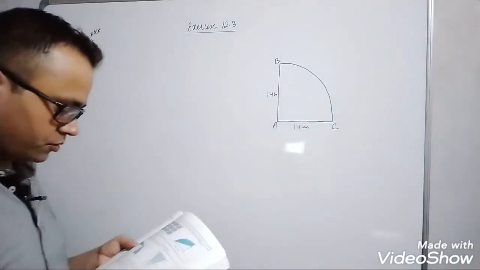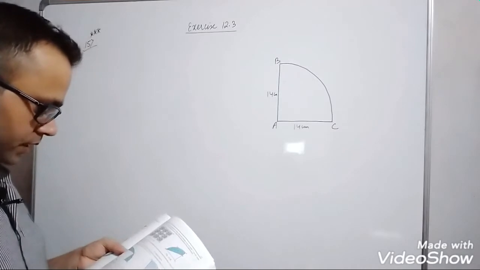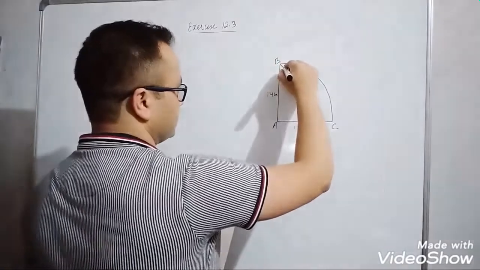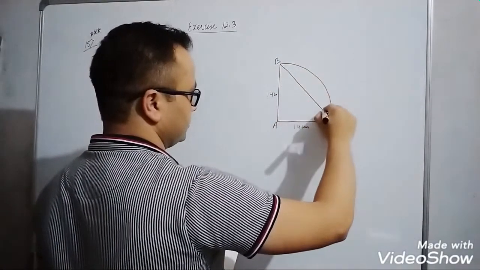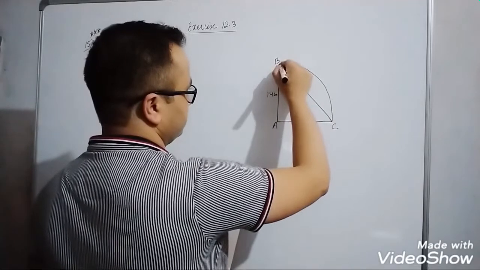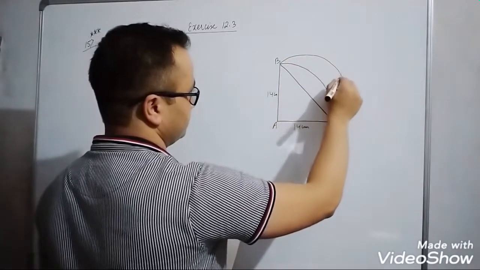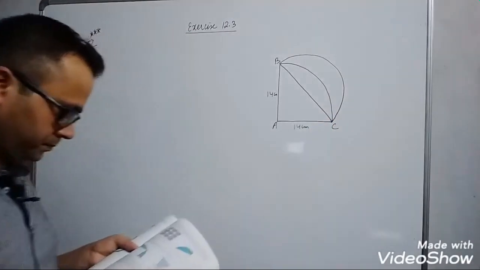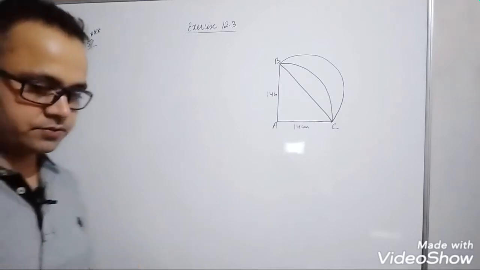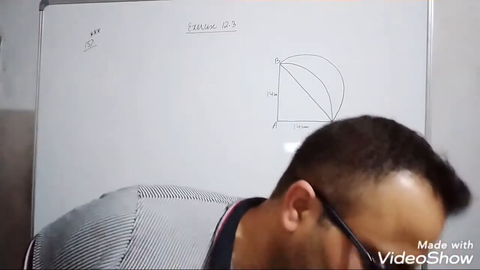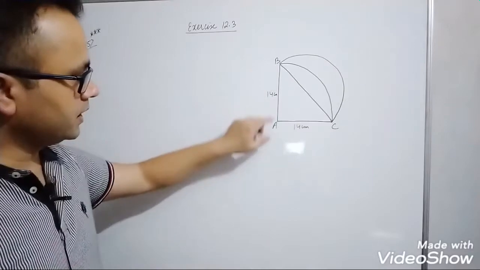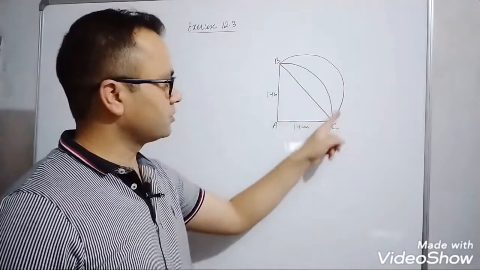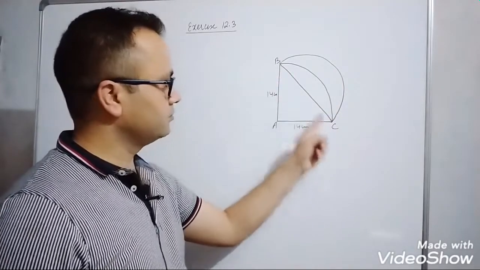And a semicircle is drawn with BC as the diameter. Find the area of shaded region. So it is given that ABC is a quadrant. On BC, we have drawn a semicircle with the diameter BC.